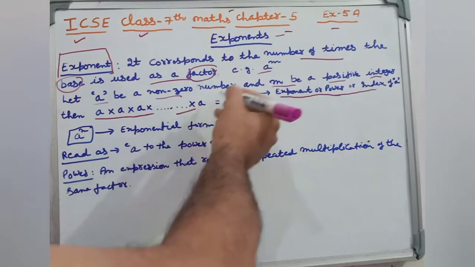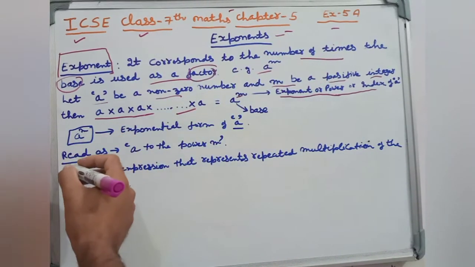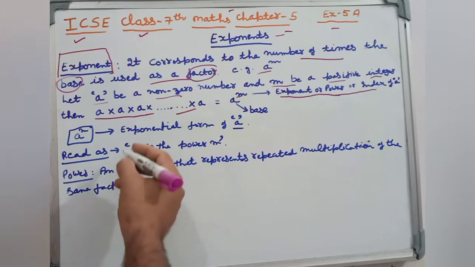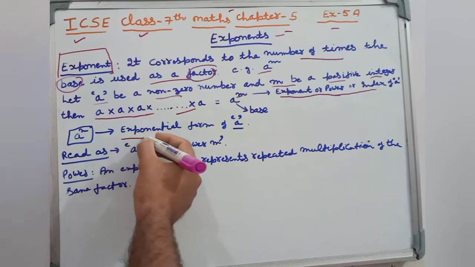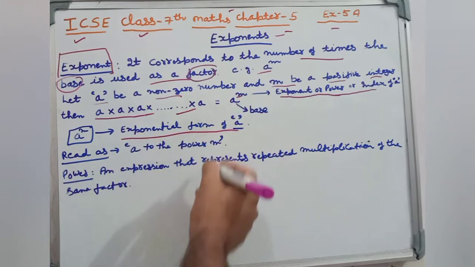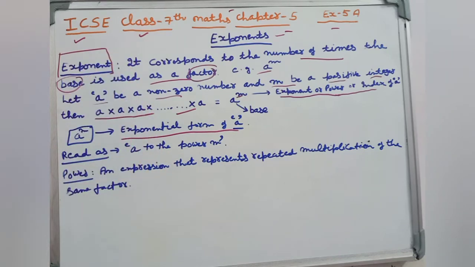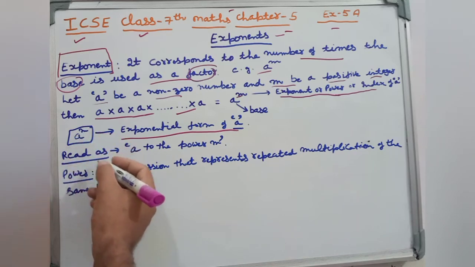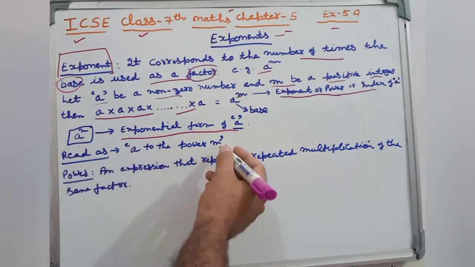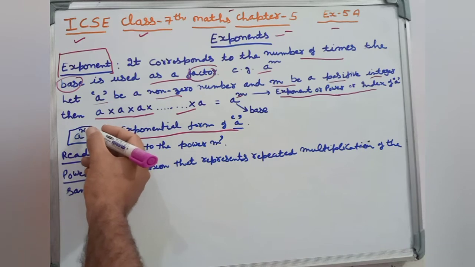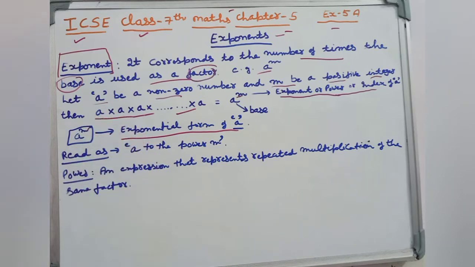And this a raised to power m will be taken as the exponential form of a. This means a has been multiplied m number of times. So we will read it as a to the power m, right?